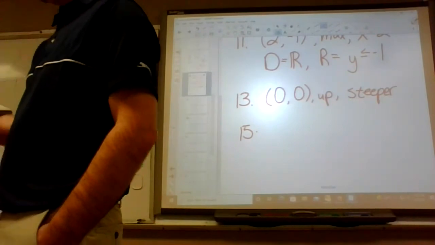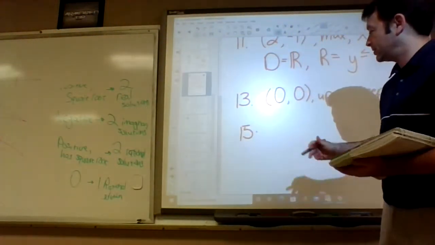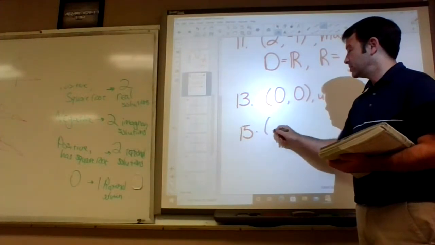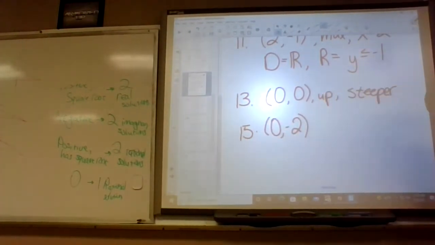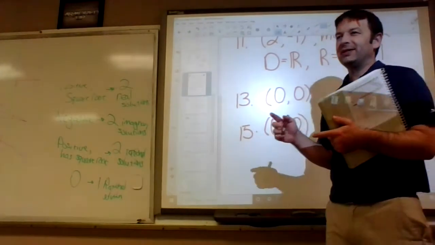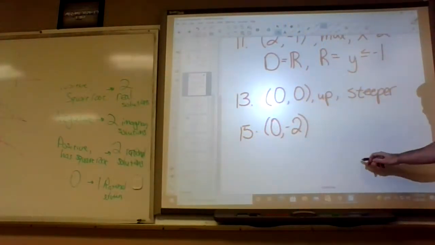Makes everything go down 2. So if everything goes down 2, where's the vertex going to be? 0, -2. Basically, that's down 2. It opens down too. So the vertex is at 0, -2.